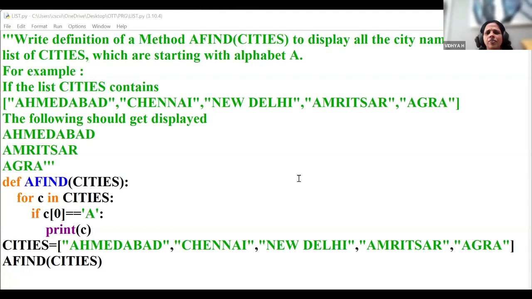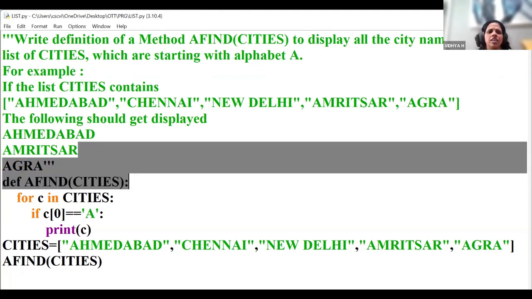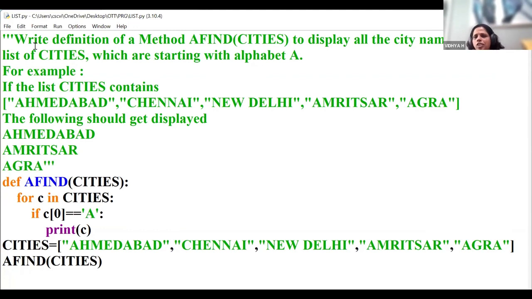See here this program. So this is a way of asking the questions. Write the definition called find city to display all the city names from the list of cities which are starting with alphabet A. And you have a list, the list is given, expected output is given. Now you take here, I am passing the list, isn't it? Because now you know how to pass the variable.